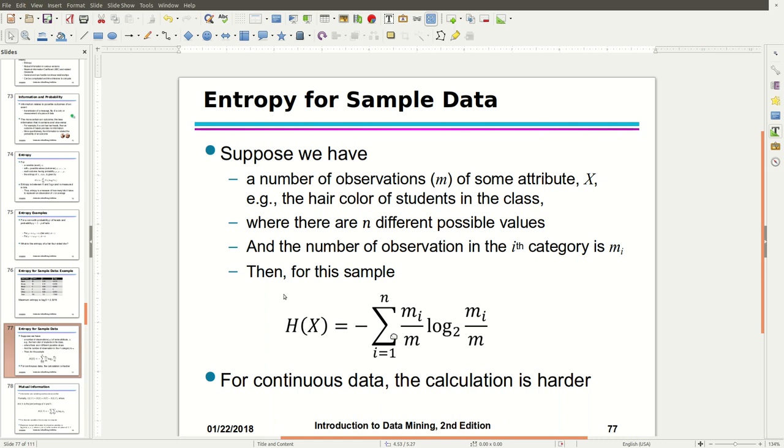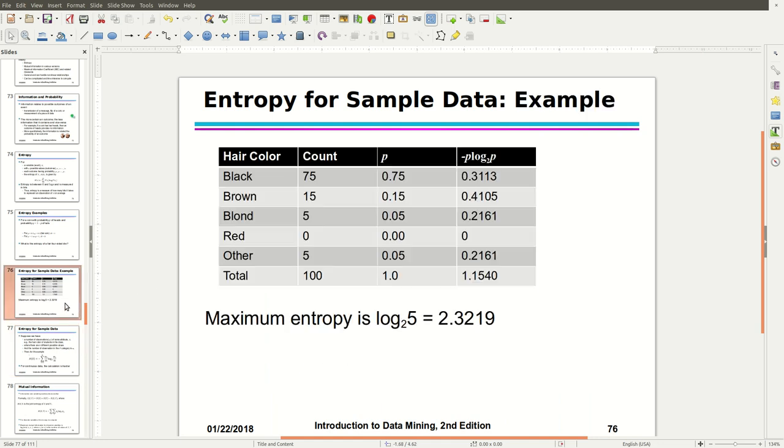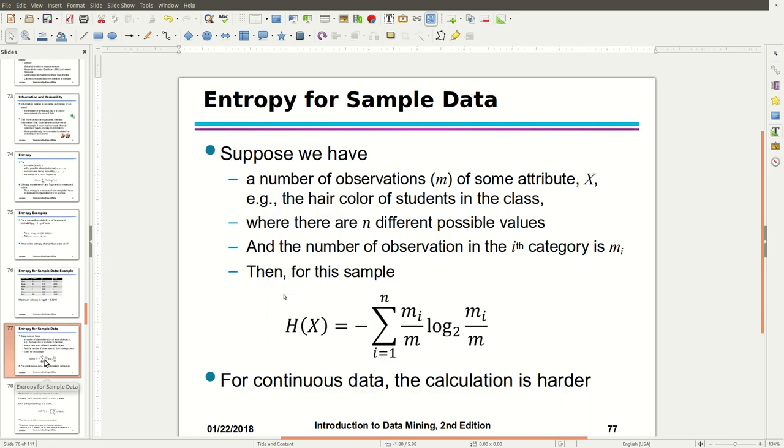Out of m students we have so many black hairs, times log 2, again the same probability, and you sum them up and you will get that probability that I just talked about. That's the formula for that sample.